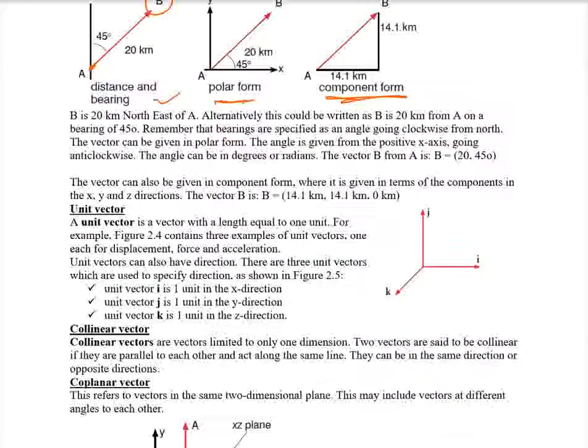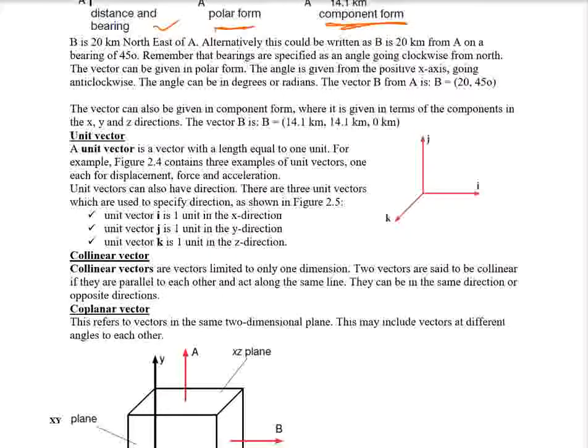And the other thing is unit vector. A unit vector, from the name, it says unit, that means it has a magnitude of how much? 1, and it has a direction as well. Therefore, a unit vector is a vector with length equal to 1 unit, or a magnitude equal to 1 unit.